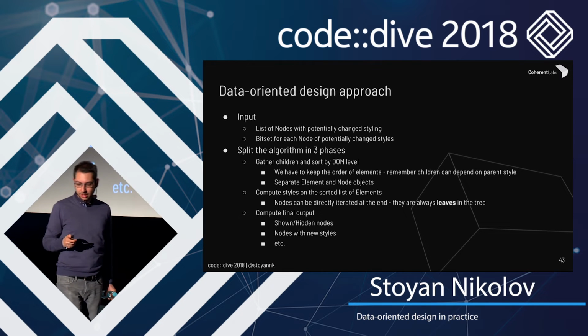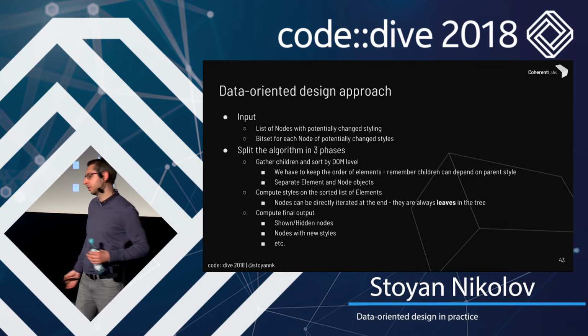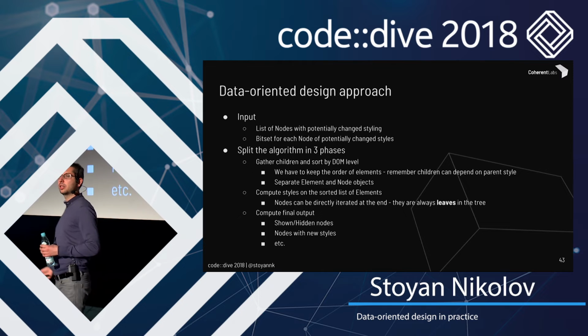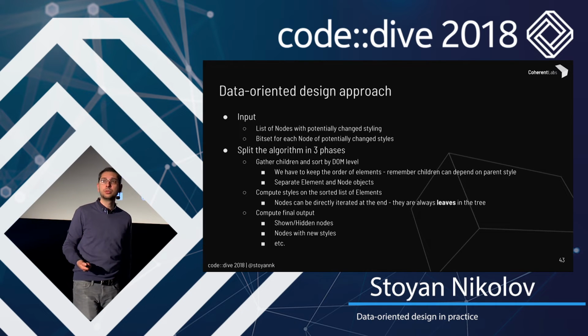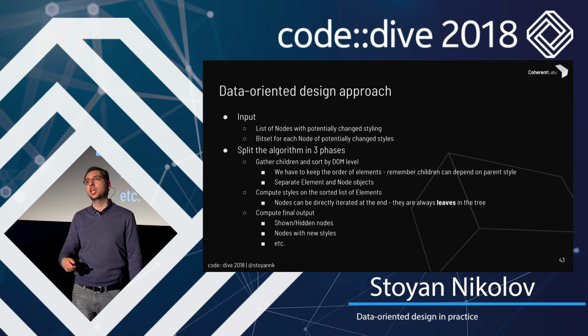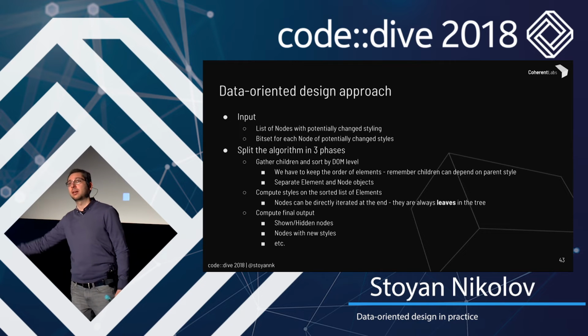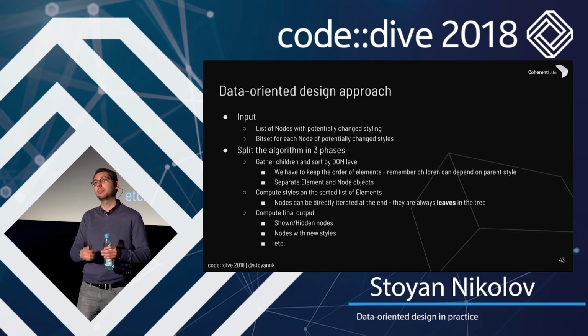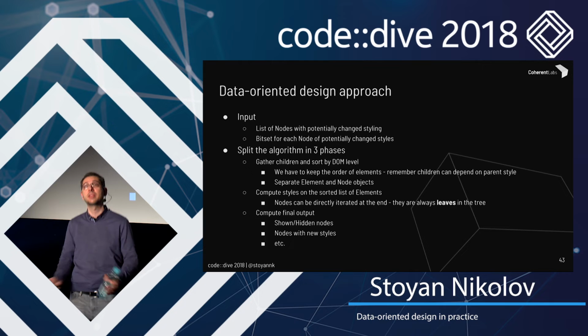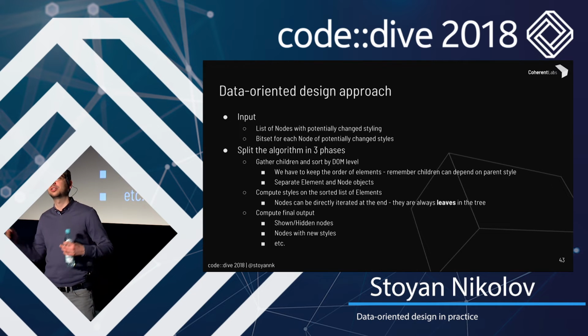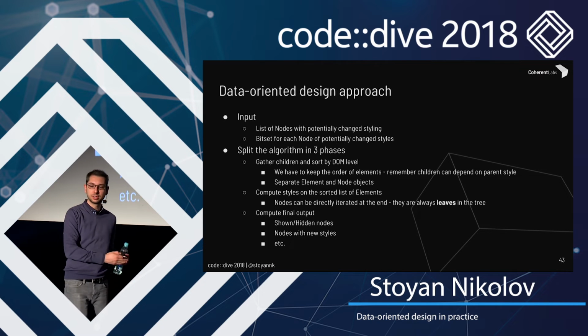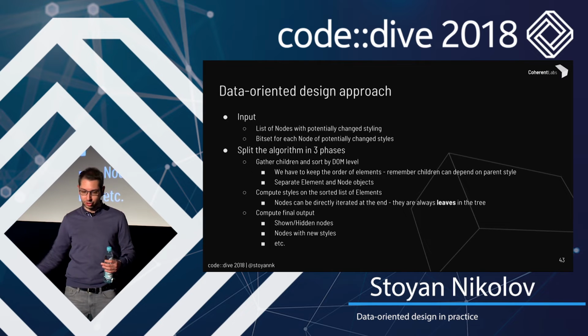The first is to gather all the children of the elements that might have changed and sort them by their level in the tree. We need to do that because if the parent has changed, it might change the child. So we have to restyle not only the parent, but its children as well. So we have to gather those children, and we have to sort them because we have to do it in the right order. We have to first style the parents, then the children.